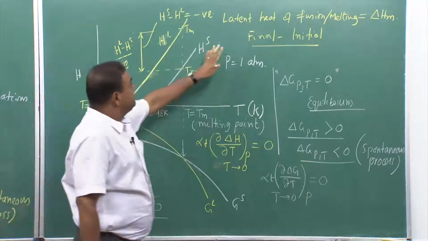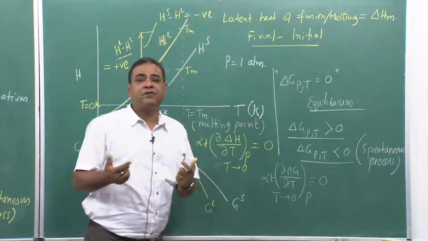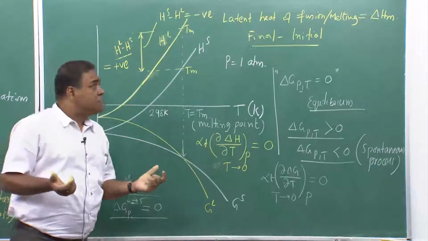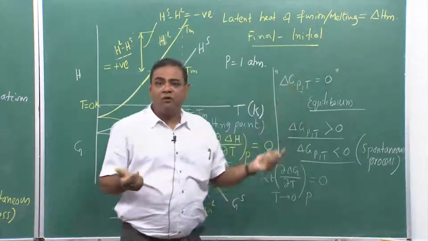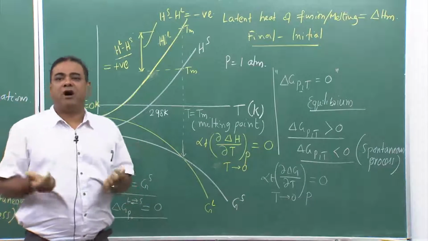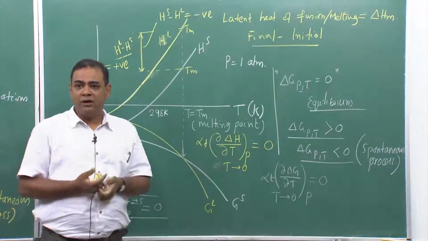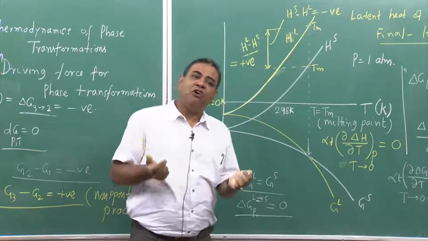Now, for this latent heat of fusion or melting, we have to quantify the amount of material. We measure it in the form of latent heat of melting or fusion per unit mass or per unit mole, or it can also be converted into per unit volume.